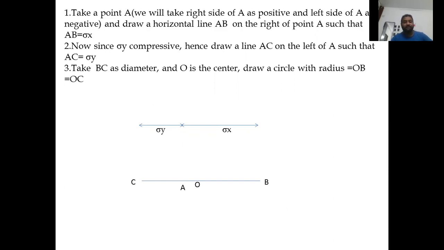Draw a circle of radius OB or OC. So this is the circle with center O having radius OC and OB.